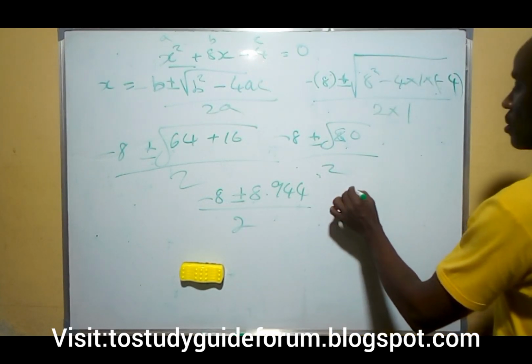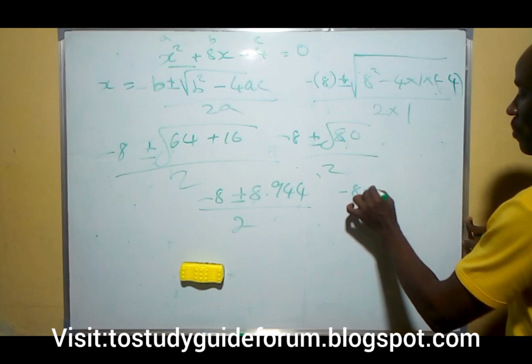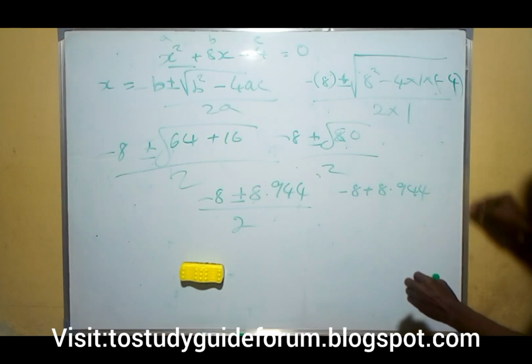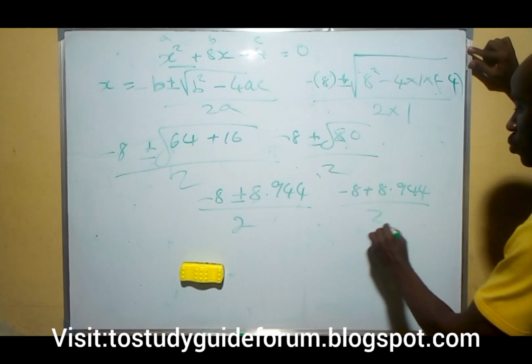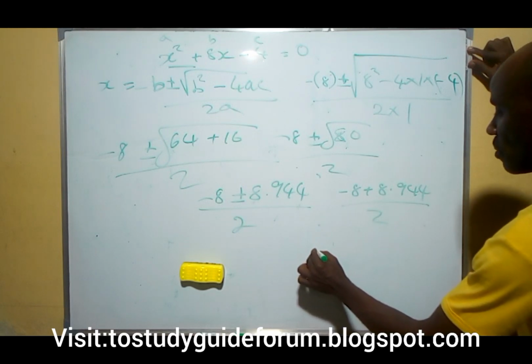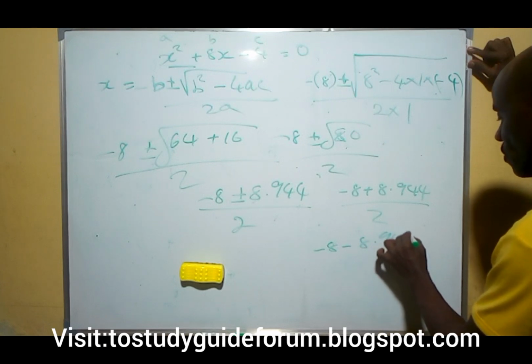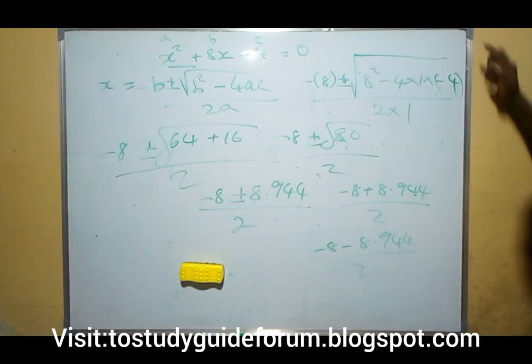Then we can separate them. We have plus 8.94 divided by 2, and another one, minus 8 minus 8.94 divided by 2.